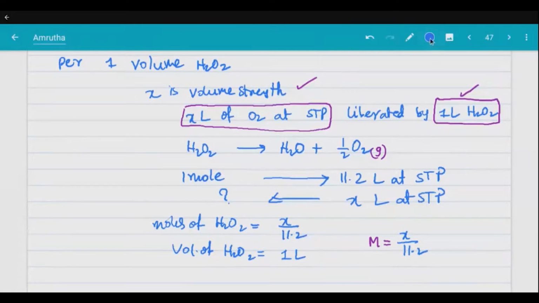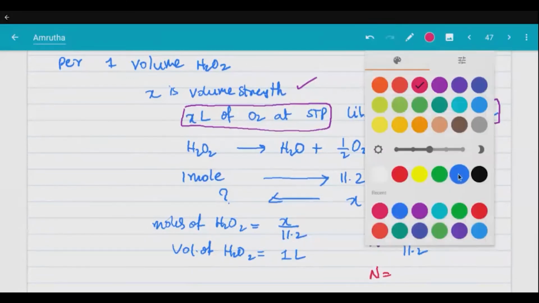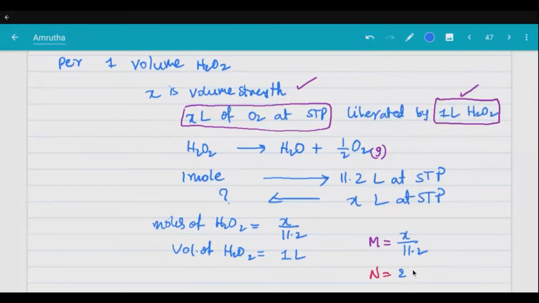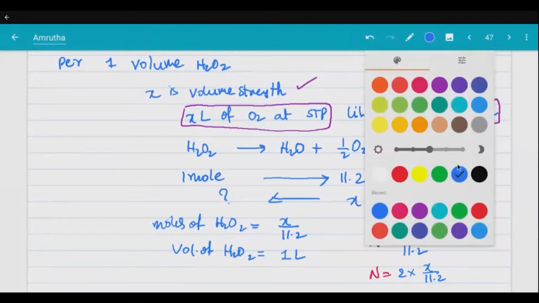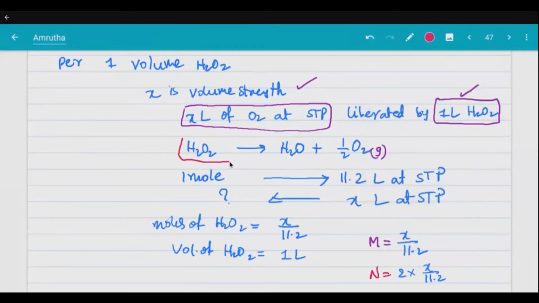So what is normality then? Normality, for H2O2, is 2 into X by 11.2. You may ask, sir, why you multiply with 2? Because see this equation. How many electrons are involved in this? Oxygen oxidation number is -1, and this goes to 0. -1 to 0, but 2 oxygens.